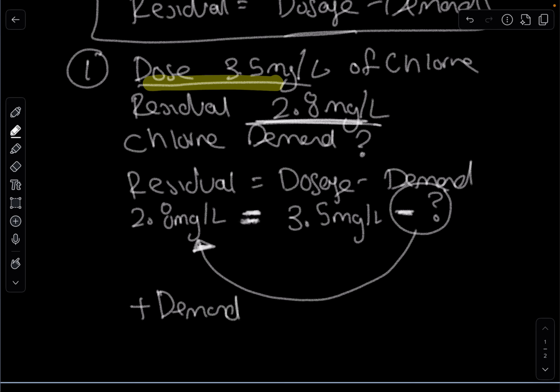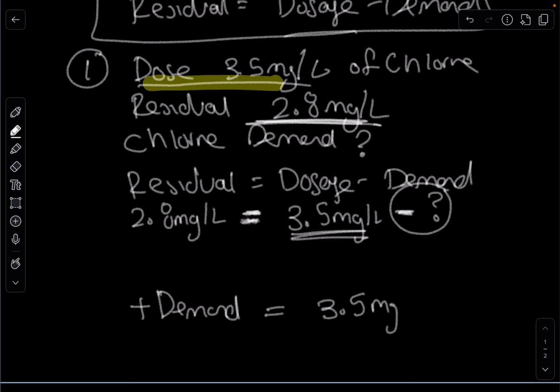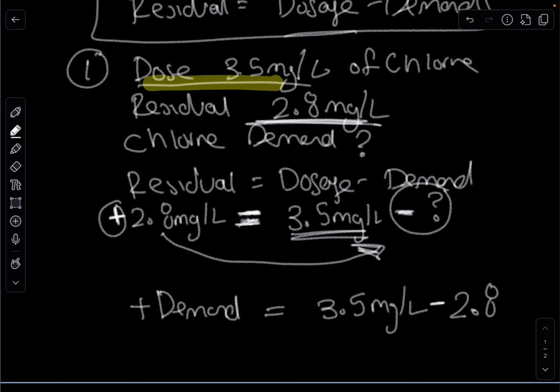It's going to be a positive number. It is equal to 3.5 milligrams per liter, and I'm going to move the residual over to this side. Because there's a positive in front of it, when I move it to the other side of the equation, it's going to be a minus 2.8 milligrams per liter.